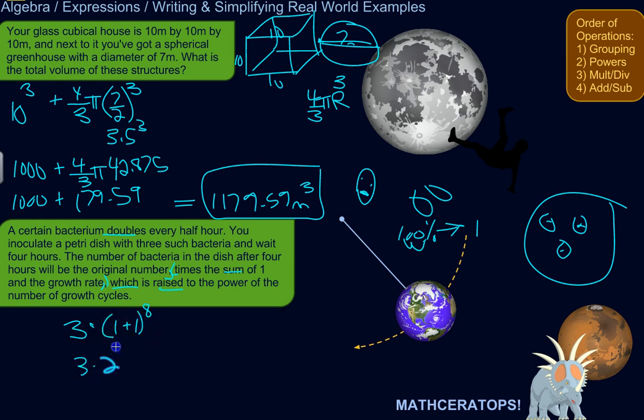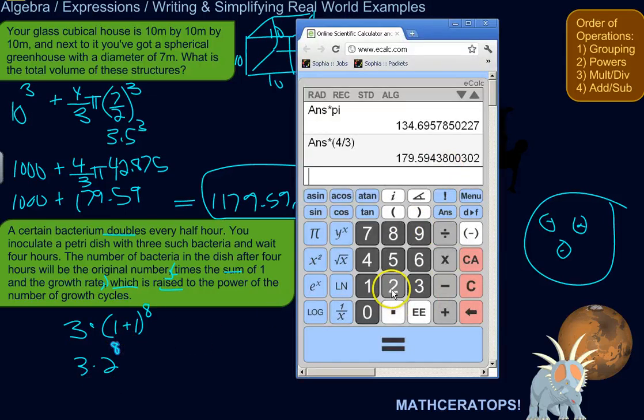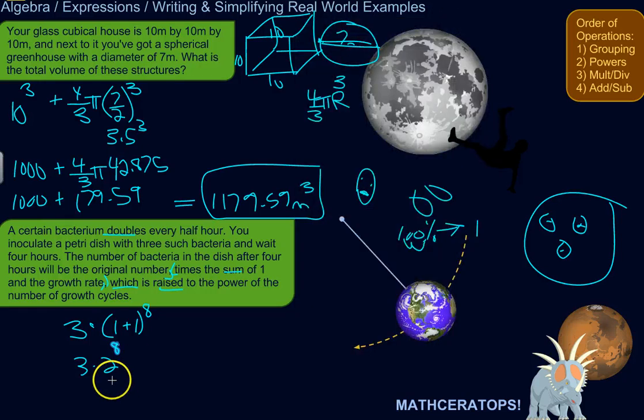This is 3 times 2 to the power of 8. Okay. So we're done with grouping. There's no more grouping. Took care of evaluating what's inside parentheses. Powers, yes. 2 to the power of 8. So let's do that. 2 to the power of 8 is 256.